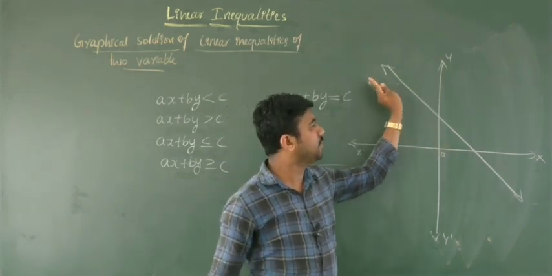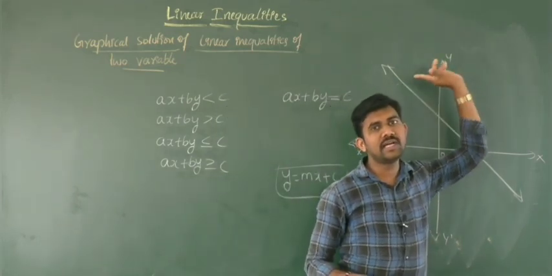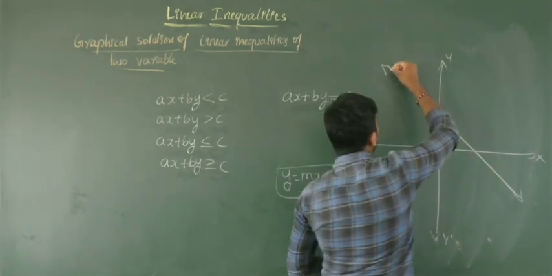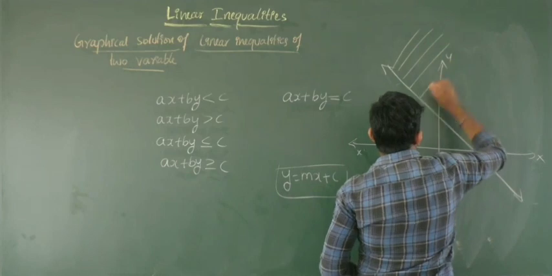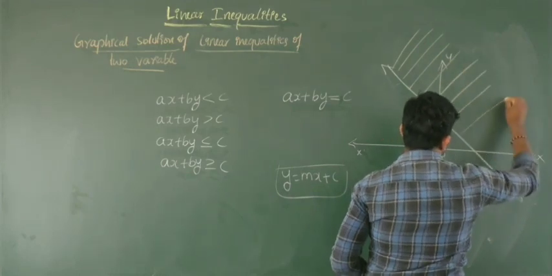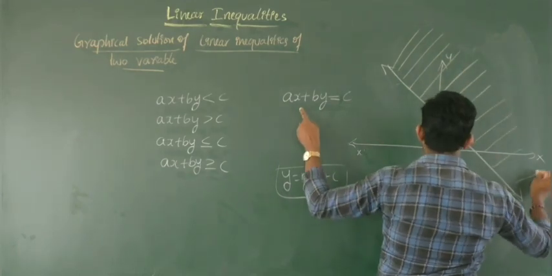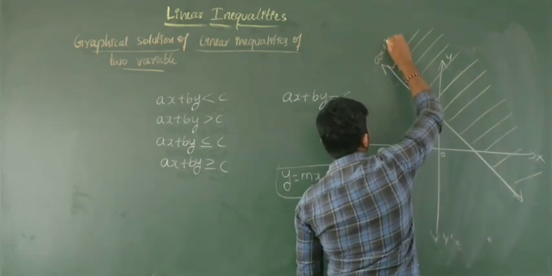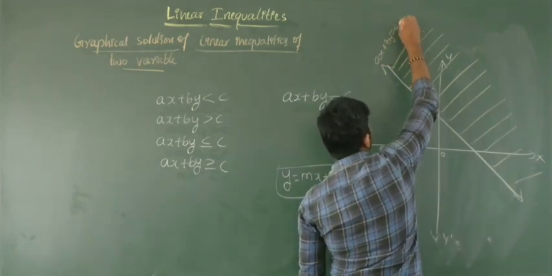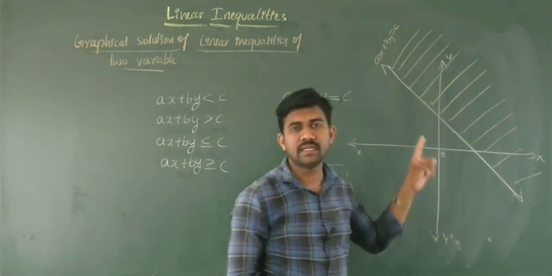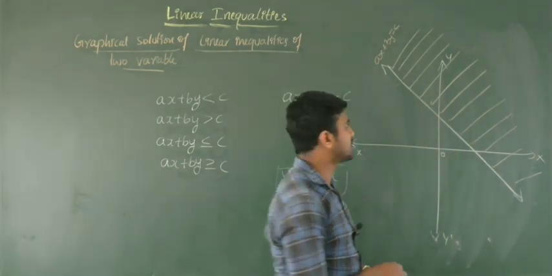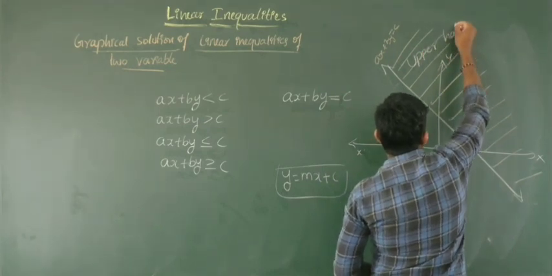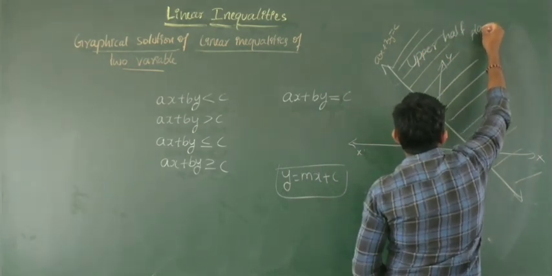The plane which is obtained above the line ax plus by is equal to c is called the upper half plane.